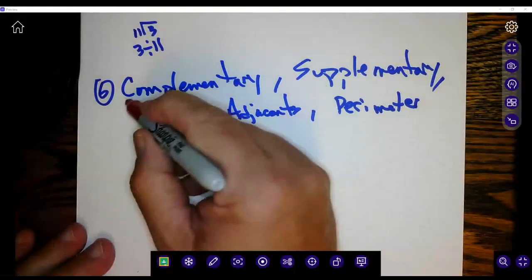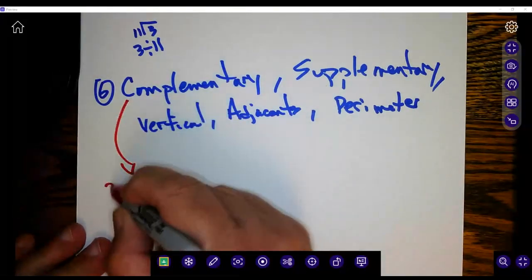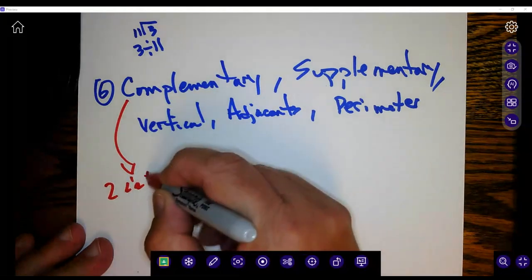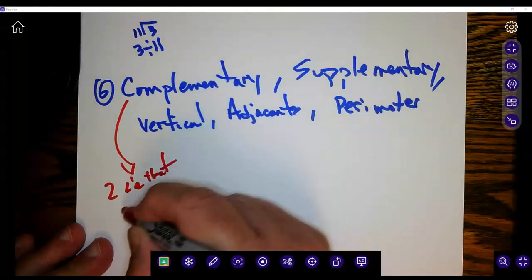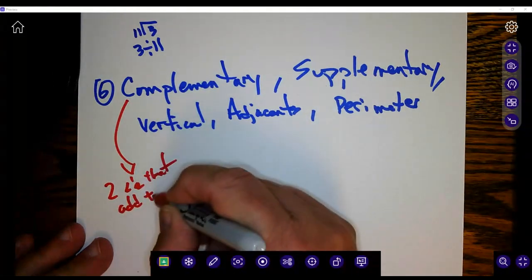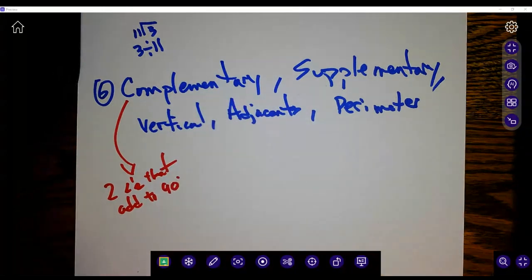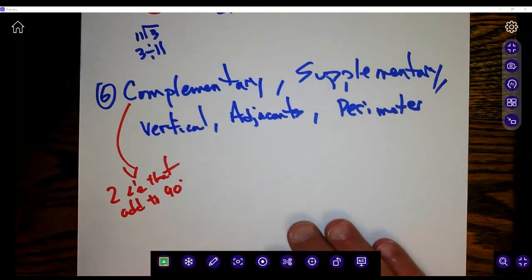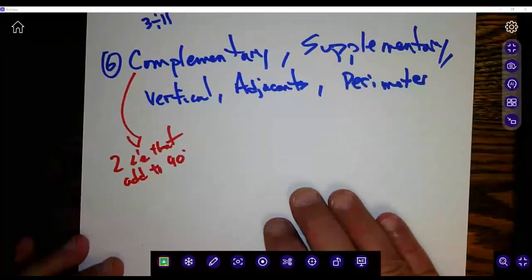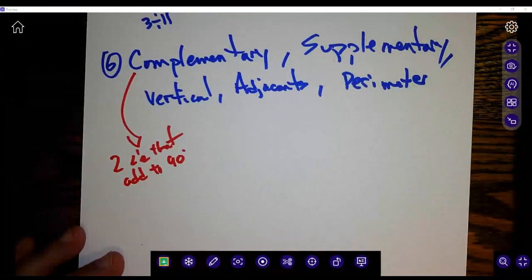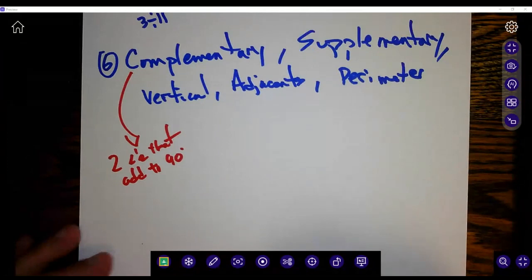And so the word complementary means two angles that add to 90 degrees. So if they give you one, or they ask for the complement of, what's the complementary angle for 60 degrees, you take 90 minus 60.